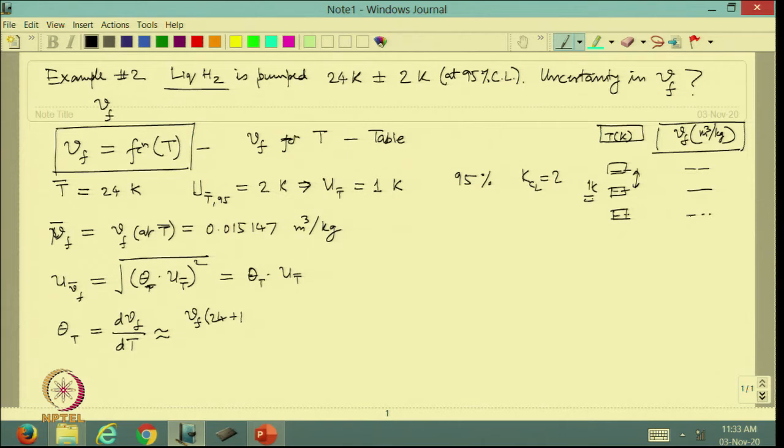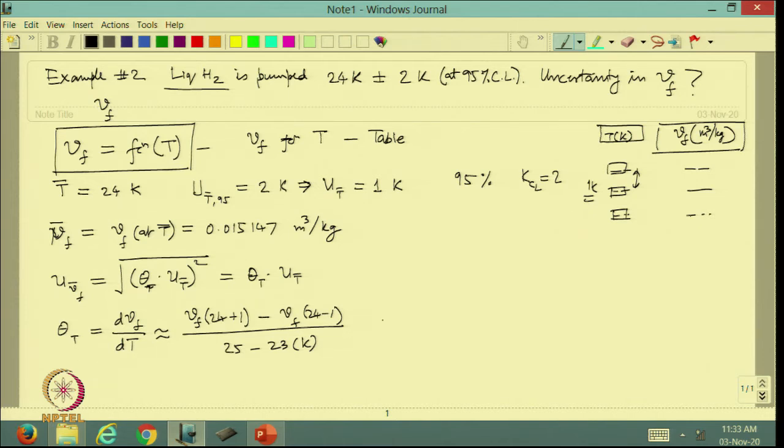So, we have taken 1, we could have taken 2, we could have taken 3, and we could have used many formulae for this. Minus V f at 24 minus 1 Kelvin divided by 24 plus 1 is 25 minus this, which is 23 Kelvin. So, we are basically calculating the slope of this curve at this particular point.